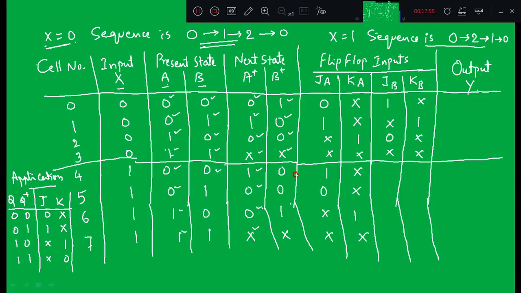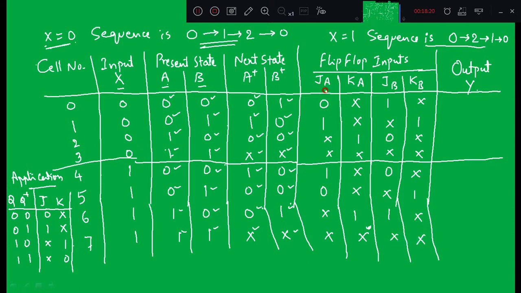Next, B plus 0 0 is 0 don't care, 1 0 is don't care 1. Next, 0 1 is 1 don't care, and for 1 don't care there is no input combination, right? So put don't care, right?